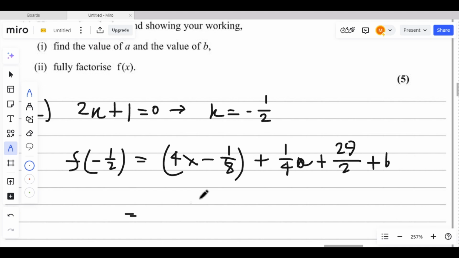Okay, so that would be negative half plus 1 over 4a plus 29 over 2 plus b.